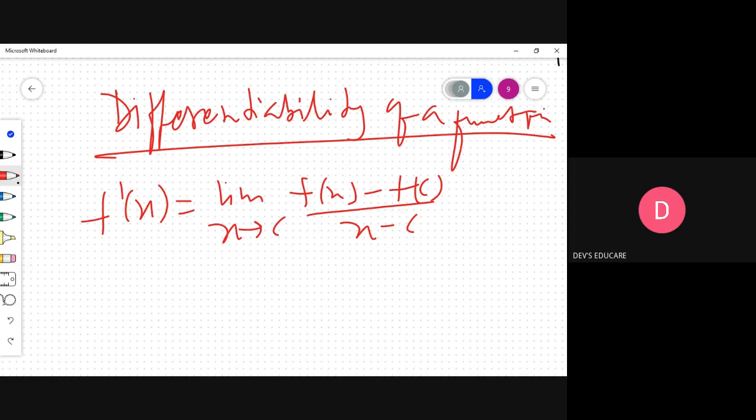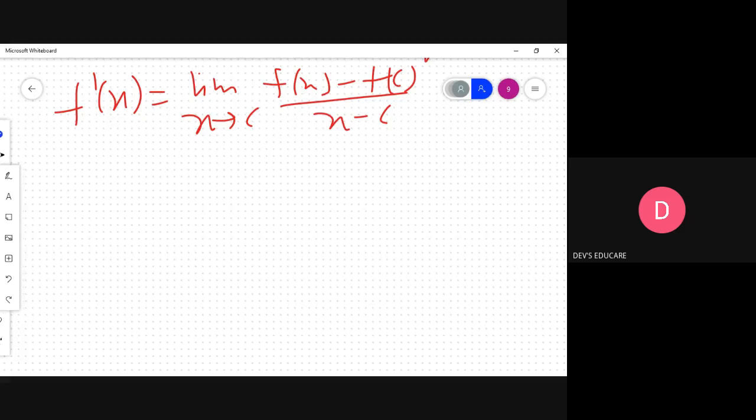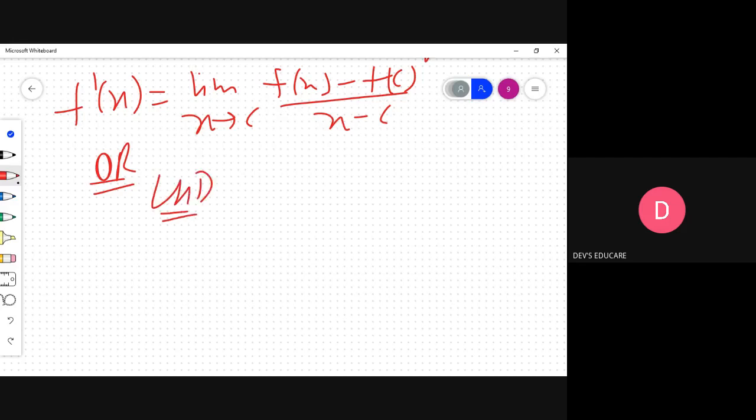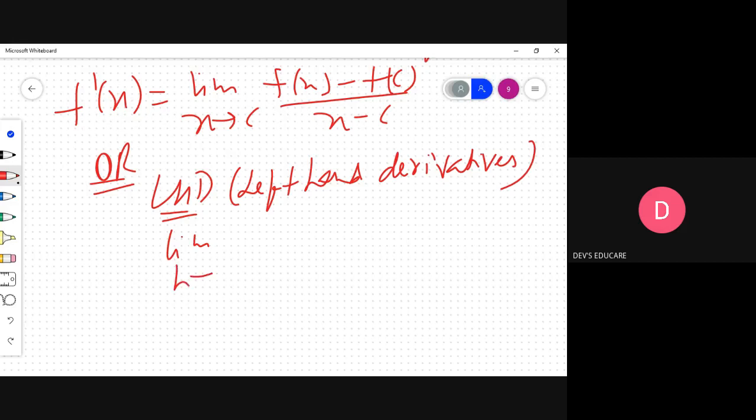However, in most of the reference books, for example R.D. Sharma, you will find LHD, left hand derivative, and RHD.